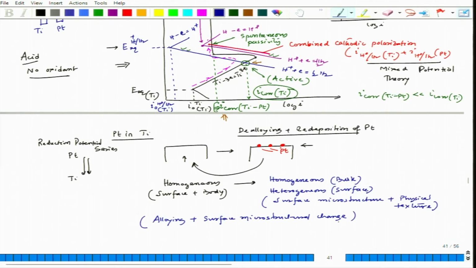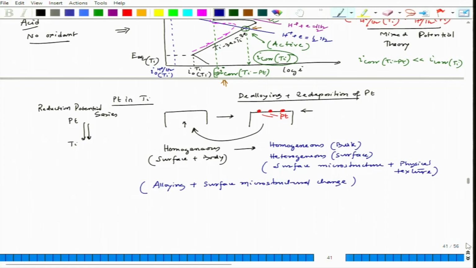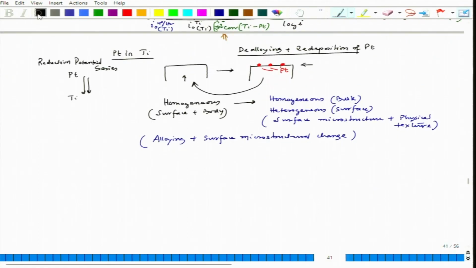This is also possible in the case of chromium, but remember we should not have any oxidant. Interestingly, this alloying should be very carefully done. In case the polarization plot is like this, schematically I am showing log I, this is E. If it is iron, then iron also has a plot like this.